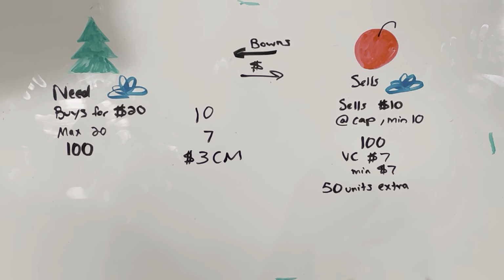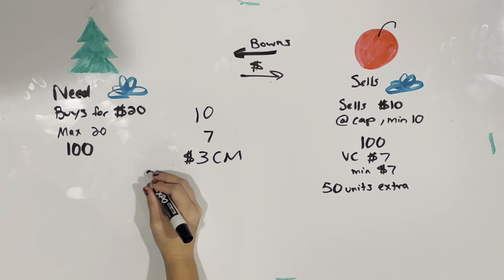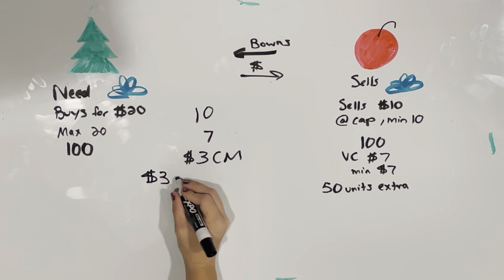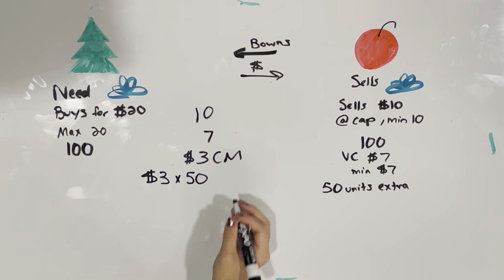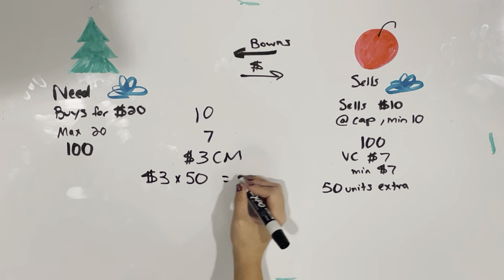If they are to divert 50 units of sales away because they want 100 and they only have 50 units extra capacity, they're giving up 50 units of outside sales. So their total contribution margin loss is the $3 per unit times 50 units that they're losing it on, so $150.